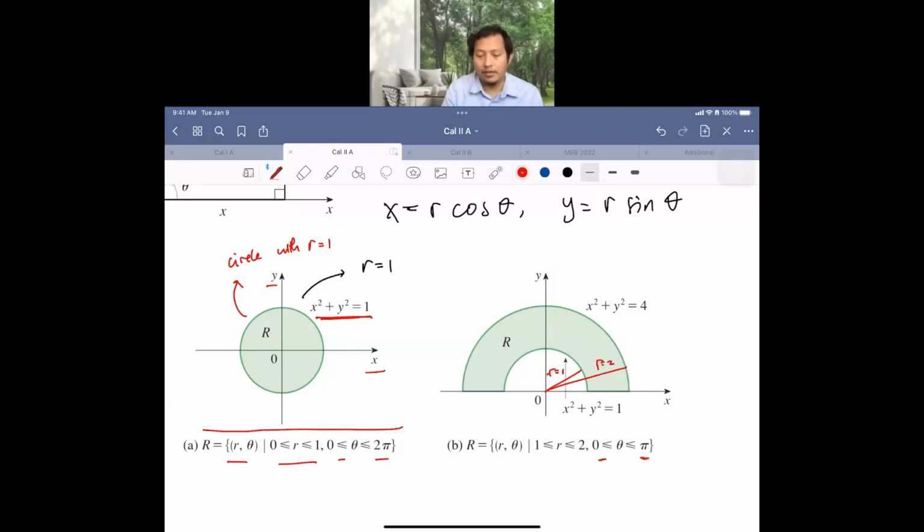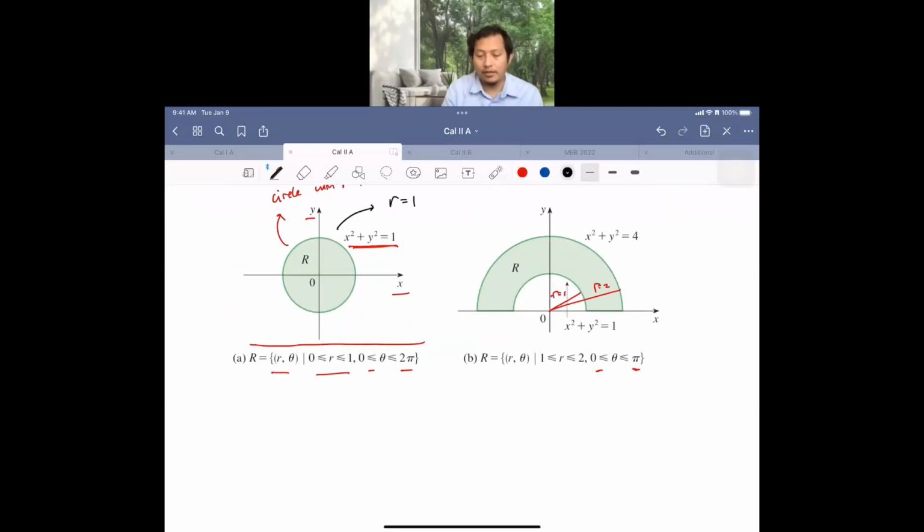Now from this element, we could write and imagine the region in the polar. There are two elements. First is the radius, and the second is the angle.